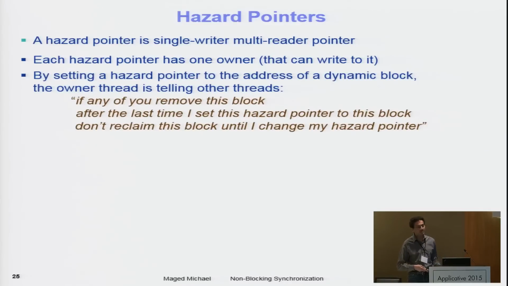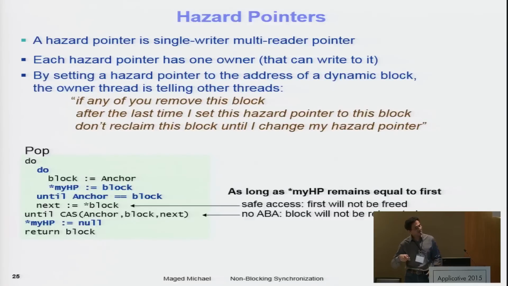Looking back at our pop example, the extra code here is that after you read the pointer value from anchor, you set a hazard pointer to it, and that write to the hazard pointer doesn't even have to be atomic. You could do it bit by bit in any order.